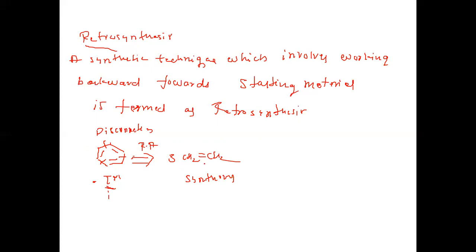So what is the real chemical compound we want? We want 3 acetylene molecules or ethyne molecules. These are called synthetic equivalents. So through retrosynthesis, we'll do things.